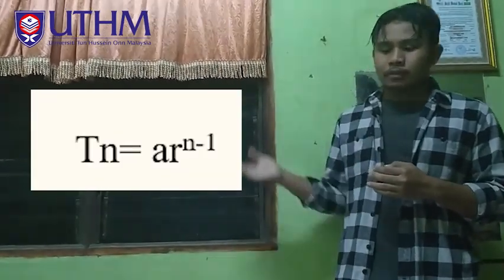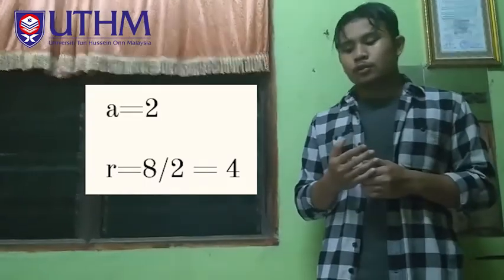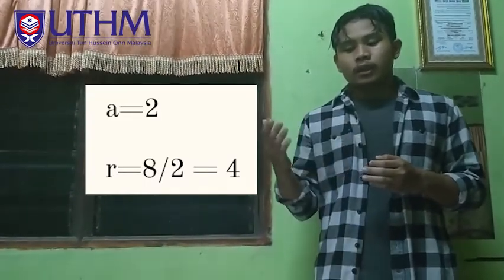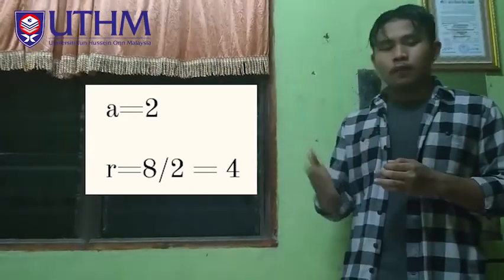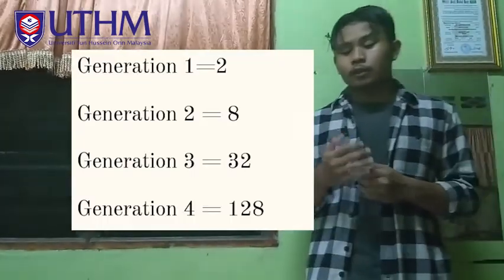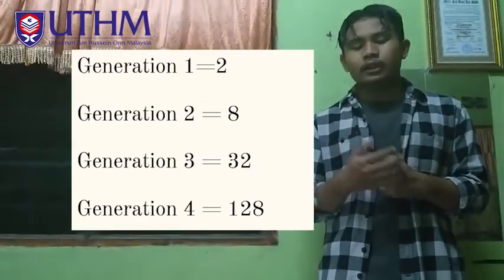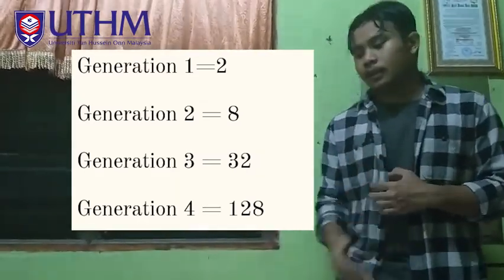A is 2 and the ratio R is 8 divided by 2, and you get 4. So generation 1 you get 2, generation 2 you get 8, generation 3 you get 32, and generation 4 you get 128. After you find the total members for each generation, you can find the difference between generations. So we're gonna put the solution beside me.